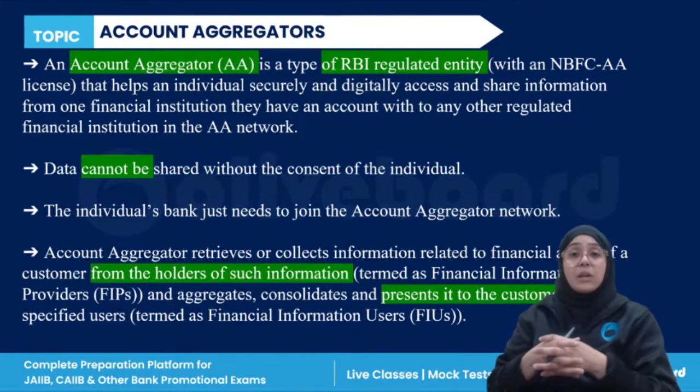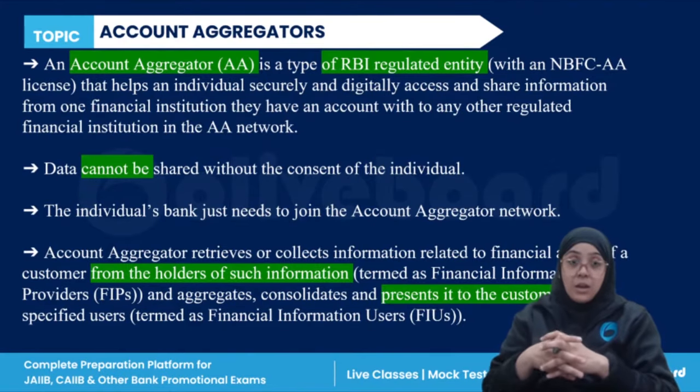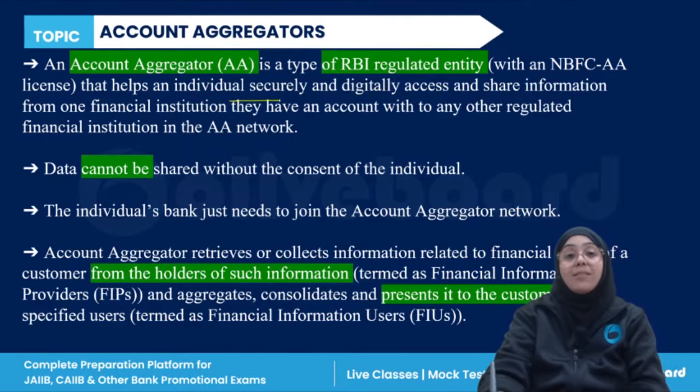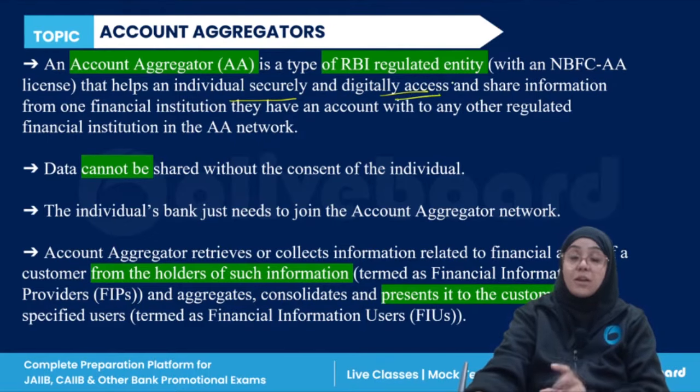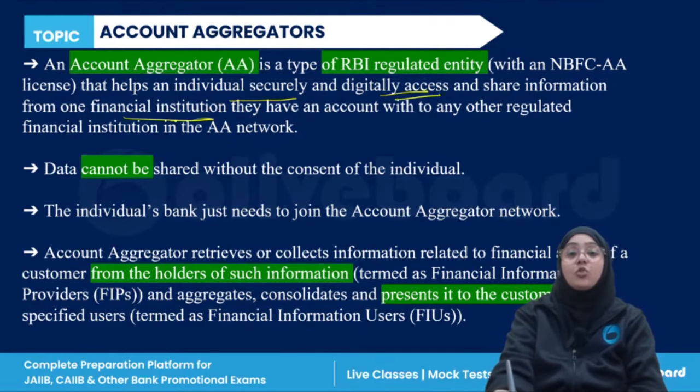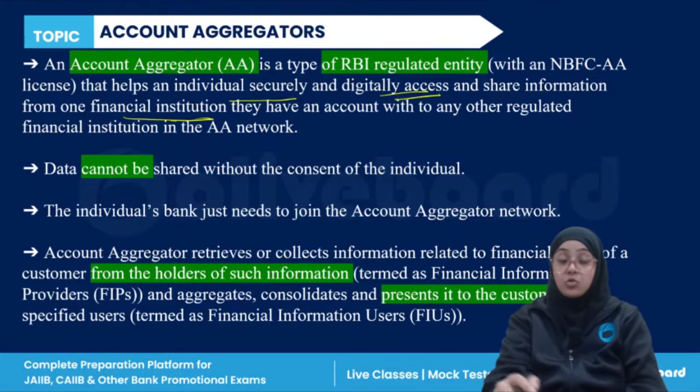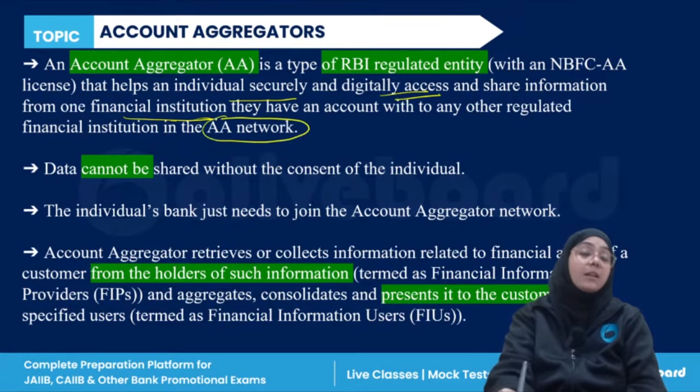Last is the account aggregator. Account aggregator is an RBI regulated entity that provides individuals secured digital access and shares information from one financial institution to another financial institution, but within that account aggregator network.